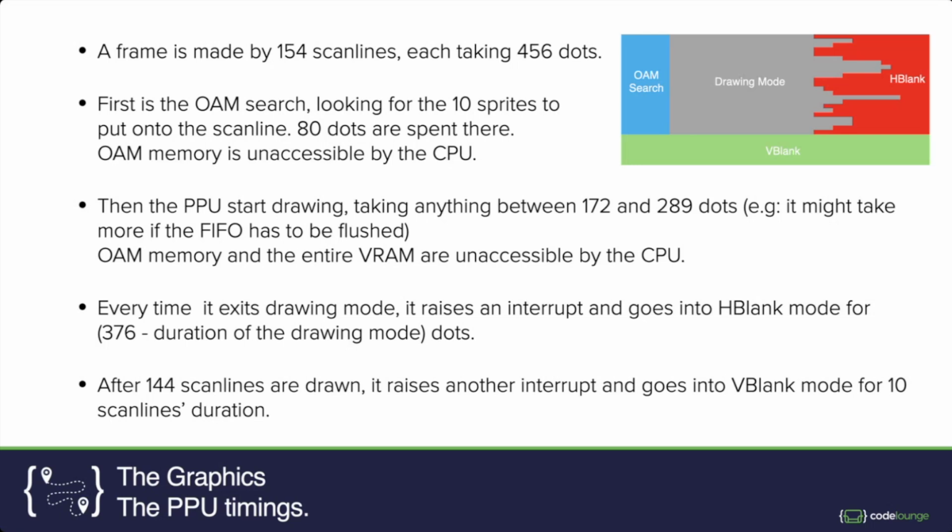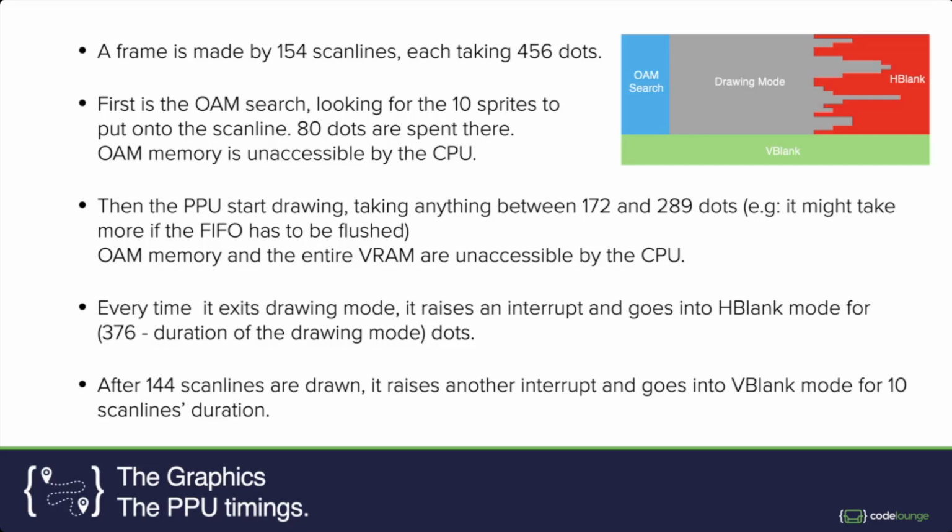Then there is an H-blank in which, again, the CPU might try to do something with the VRAM and the other one, but it's actually very little time. In some cases, since it depends on the drawing mode timing, you might not really have the time to do anything meaningful.